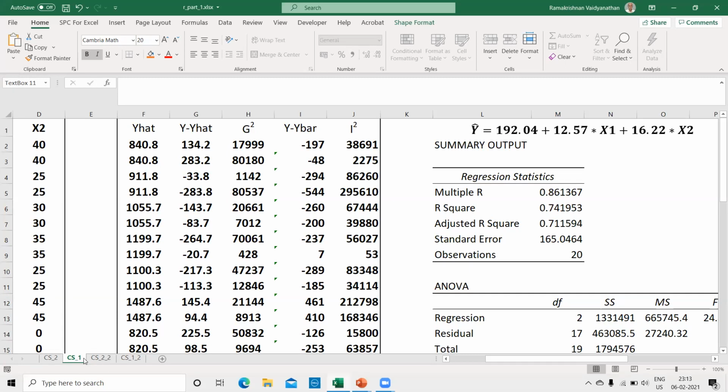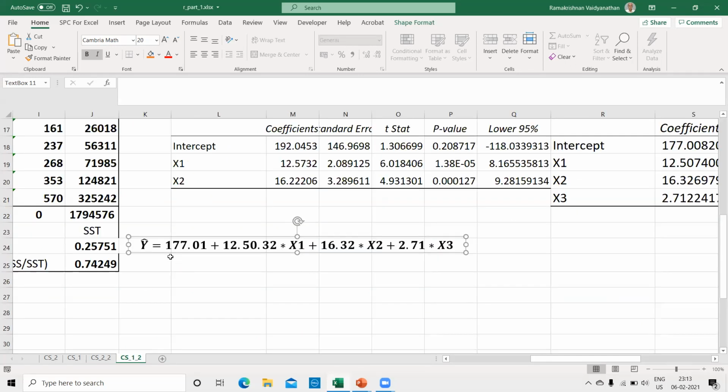And for case study 1, with 3 variables we will see here. This is 3 terms are there, no? 3 coefficients are there, right? Totally 4 terms, including the intercept term. Now, the coefficients are given here: 177, 112.5, 16.3, 2.71. And then we can find out the adjusted R squared.